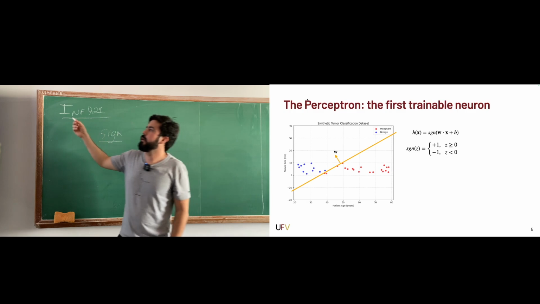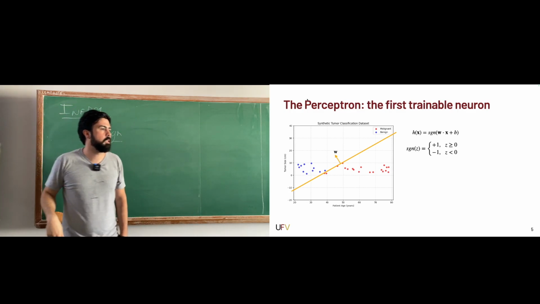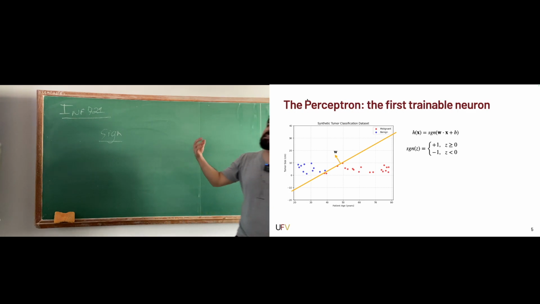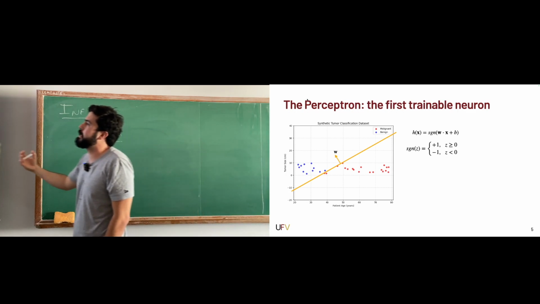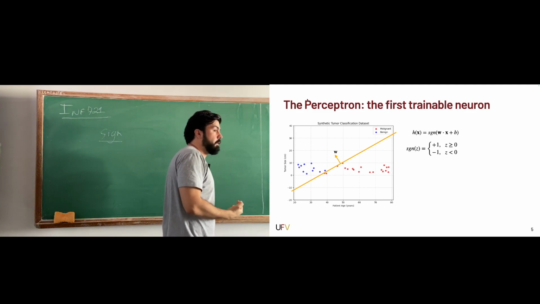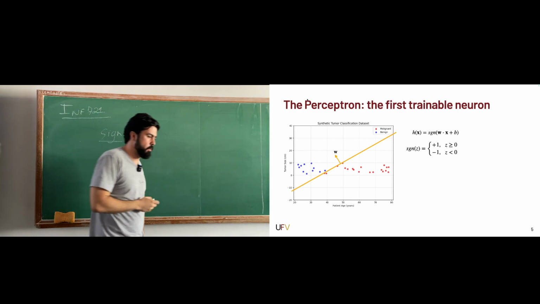And this function is going to return -1 for any point that is below the line. And it's going to return exactly 0 if the point lies on the line itself. Any point that is perfectly on this line, the sign function is going to return 0.